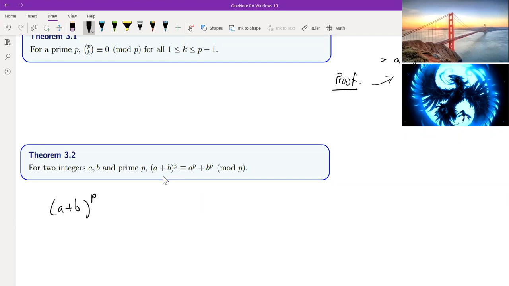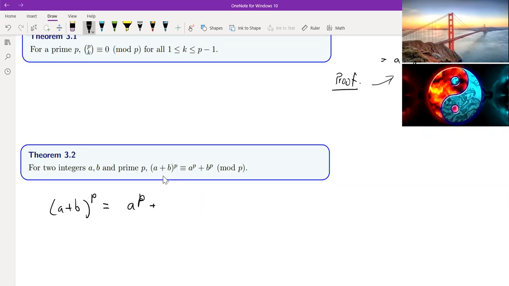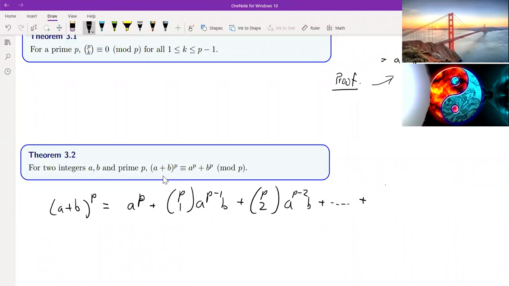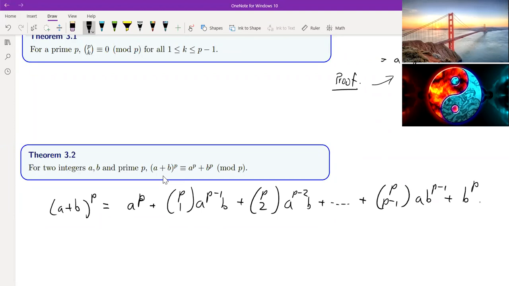When we expand this, we have a to the power of p plus p choose 1 times a to the power of p minus 1 times b, plus p choose 2 times a to the power of p minus 2 times b squared. We add this all the way down to p choose p minus 1 times a times b to the p minus 1, plus b to the p. And I really hope you do know what binomial expansion is.